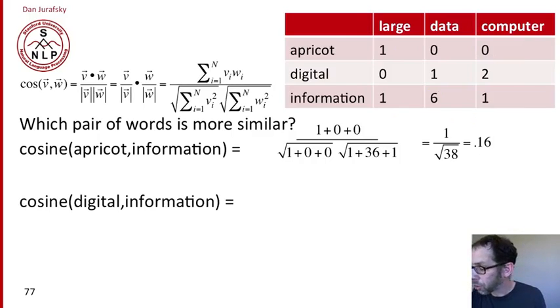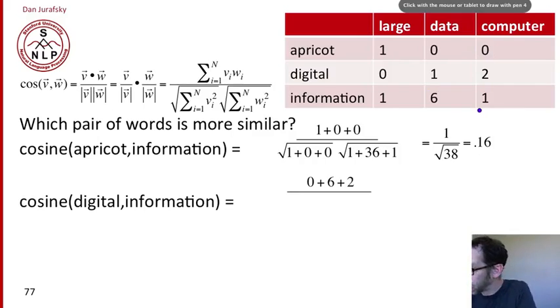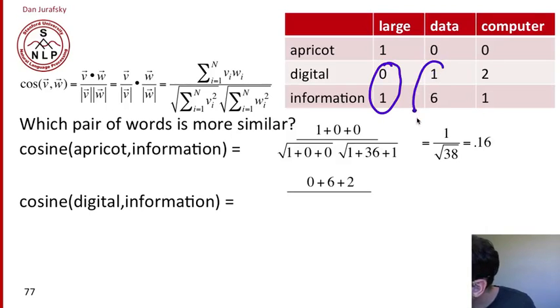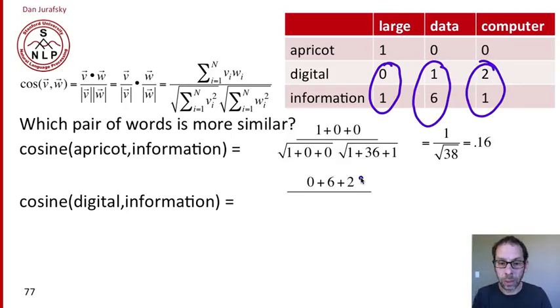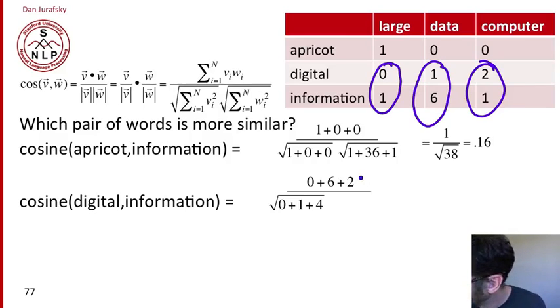And similarly, the cosine between digital and information, we have 0 times 1 plus 1 times 6 plus 2 times 1. So that's going to be 0 plus 6 plus 2 over the length of digital, I'm sorry, that's the square root of 0 squared plus 1 squared plus 2 squared, so root of 0 plus 1 plus 4.